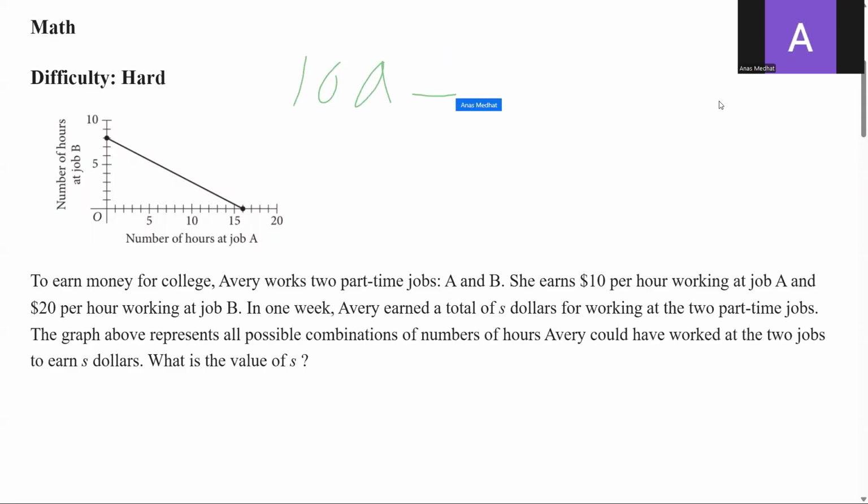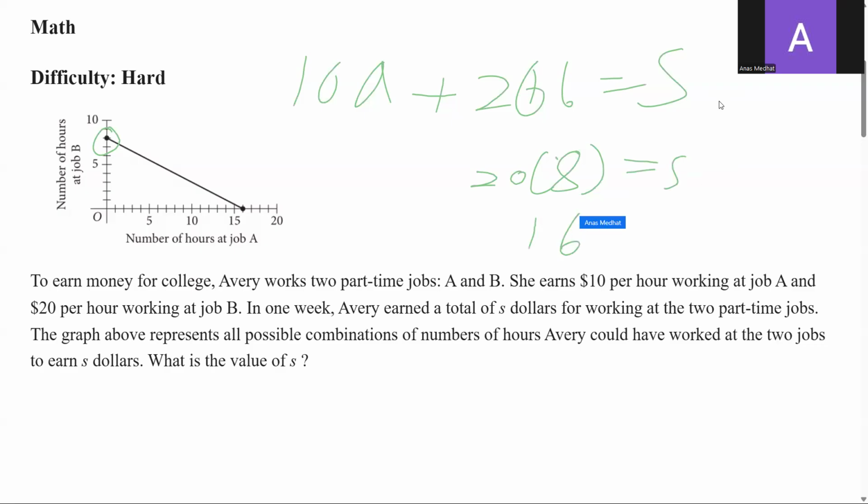If A is the number of hours, and $20 times B, the number of hours, gives you S. For example, if we take this point, she will work 8 hours at job B and 0 hours at job A. So it will be 20 times B, 20 times 8, equals S. So it will be 160.